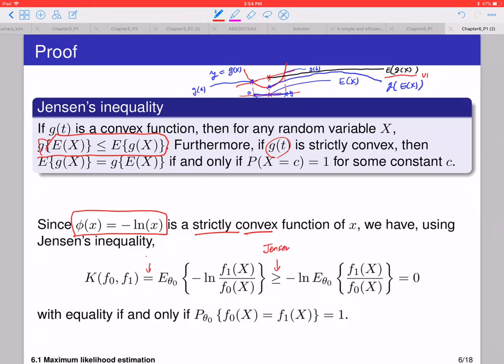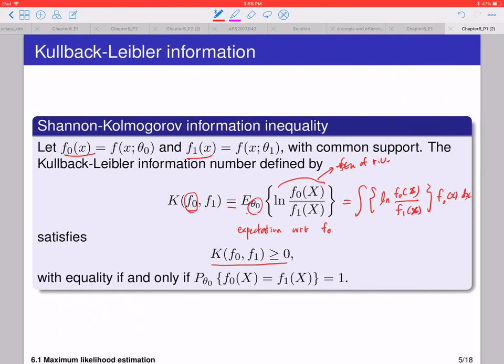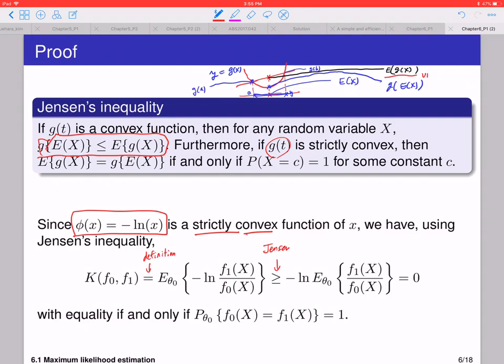This is the definition. We just reverse f1 and f0, so that's why we have the minus.